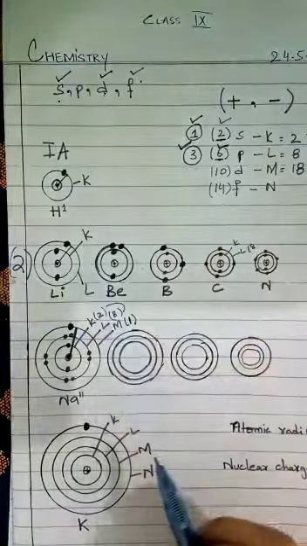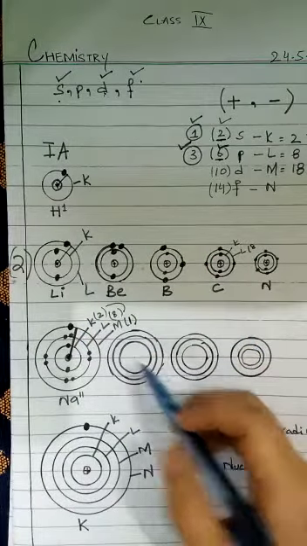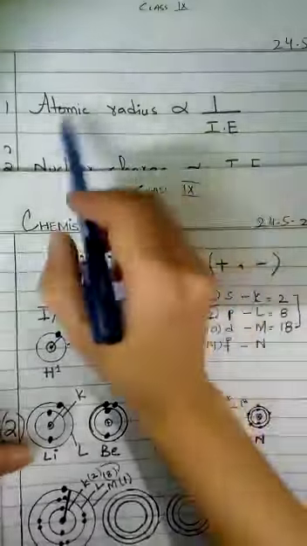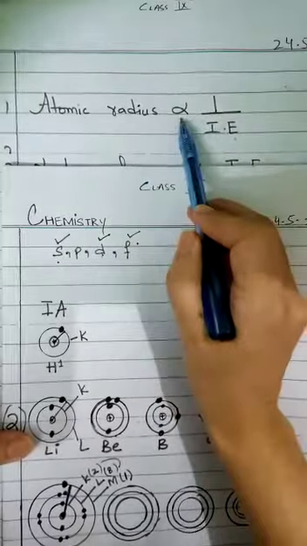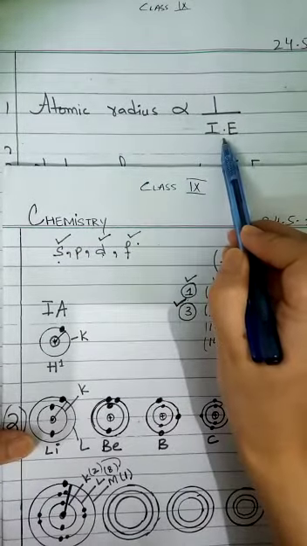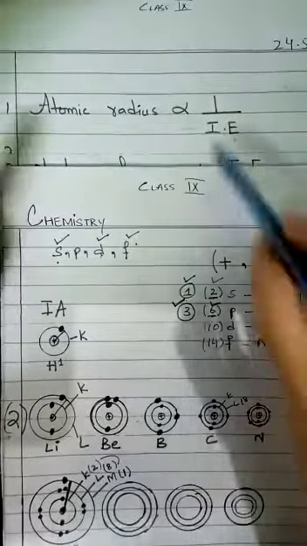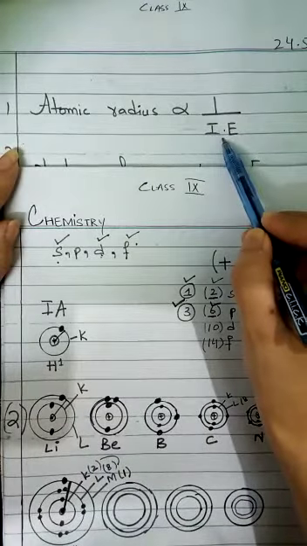And we require less amount of energy to remove the valence electron. Here I write this as atomic radius is inversely proportional to ionization energy. It means that when atomic radius increases, ionization energy will decrease.